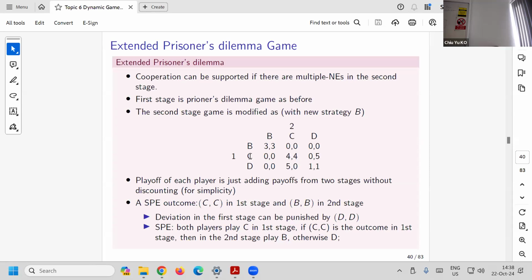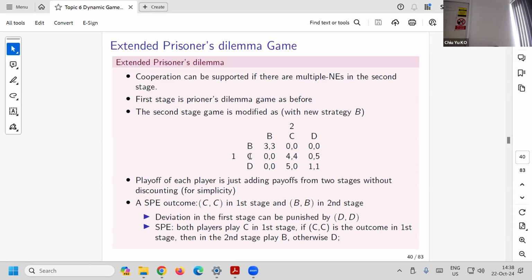Why? Because the second stage BB is a Nash equilibrium, which you can check. And then you can check the deviation, which gives you a payoff of 5 plus 1, which is 6. There's no discounting. Compared to 3 plus 4, which is 7, right?